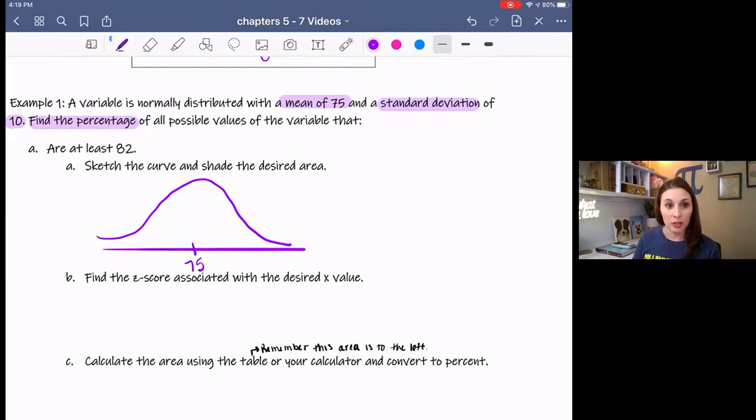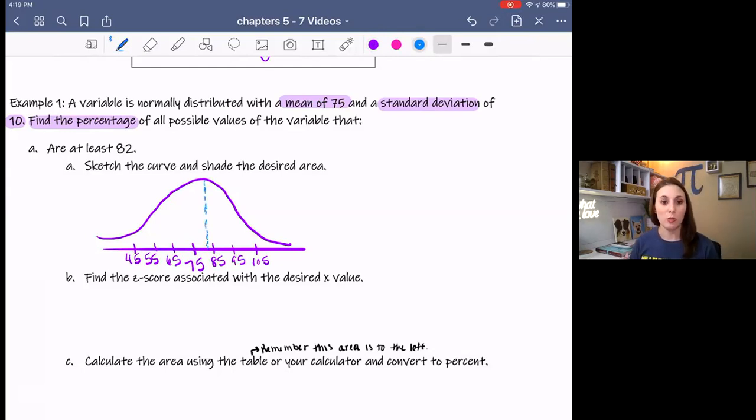Then we have a standard deviation of 10, so it goes up 10 on that side, and that's 3 standard deviations. And then it goes down 10 on this side, and that's 3 standard deviations. We're wanting the percentage of observations that are at least 82. So I'm just going to guesstimate where I think 82 is. I'm going to say it's about here.